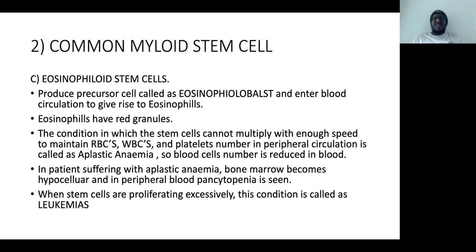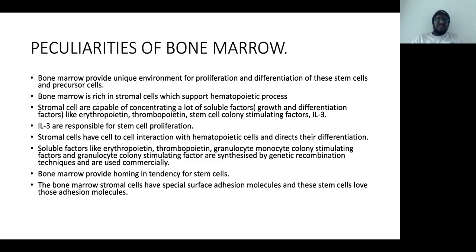So the blood cell number is reduced. In patients with aplastic anemia, the bone marrow becomes hypocellular and pancytopenia is seen in peripheral blood. When stem cells are proliferating excessively, this condition is called leukemia.